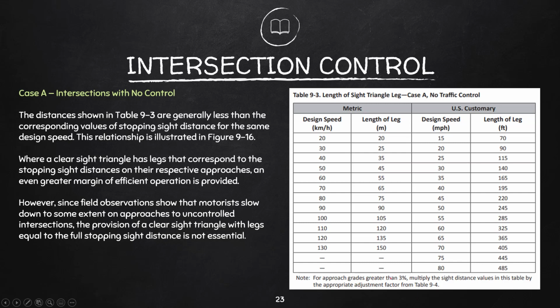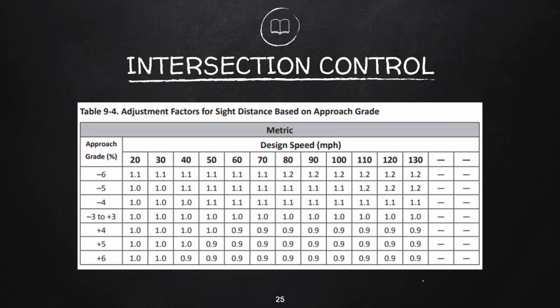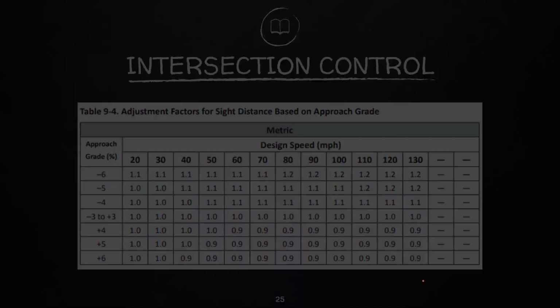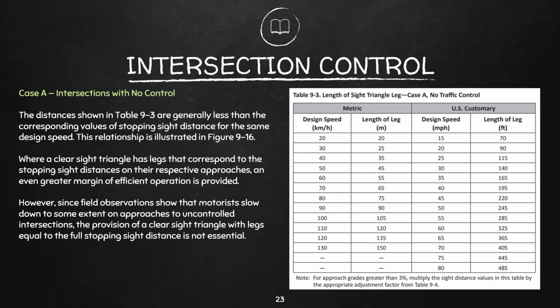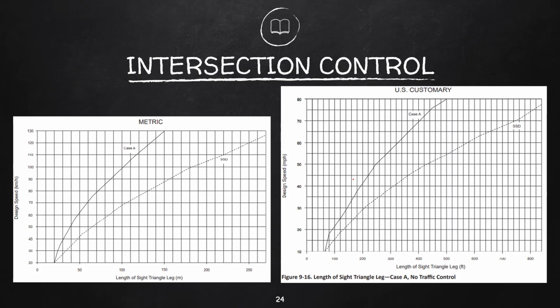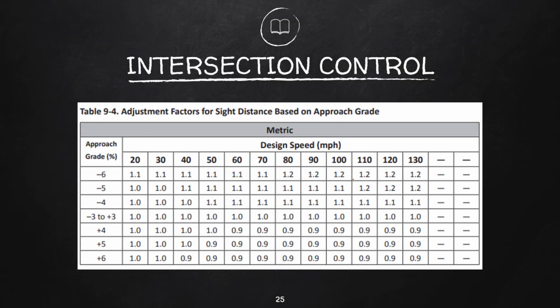If the grade is 2% or 2.99%, then you should use these values. But if the approach grade of the road is higher, then you should adjust it by multiplying these values of the length of legs by the corresponding values in this table 9-4.